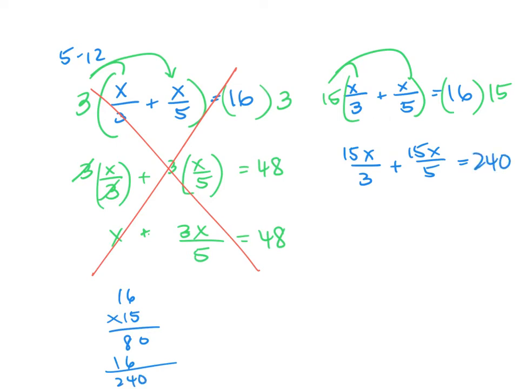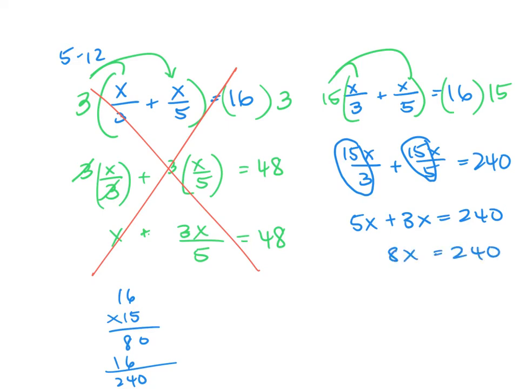Okay, so then that makes things easier because 15 divided by 3 is 5x, and 15 divided by 5 is 3x. Ooh, notice my fractions went away. And I get 240. And 5x plus 3x is 8x is 240. So I can divide by 8 on both sides. So x is 30. And that should be my answer.